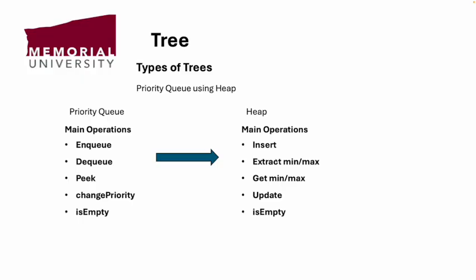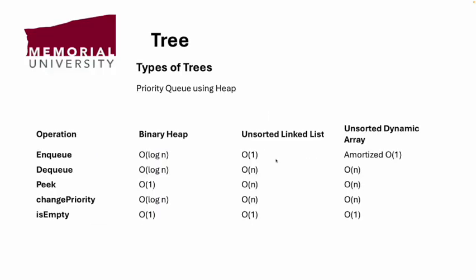Okay, so we use a heap to implement the priority queue. That's the better option. That's how knowledge evolves: we want to achieve one goal, and it can always be upgraded and made better. Let's compare the time complexity.